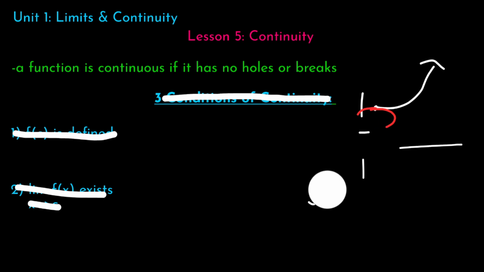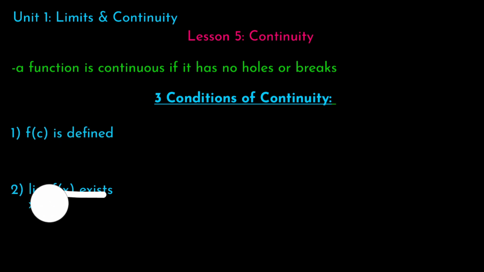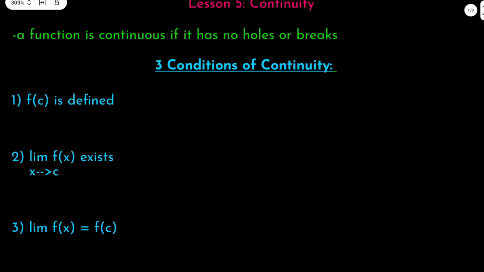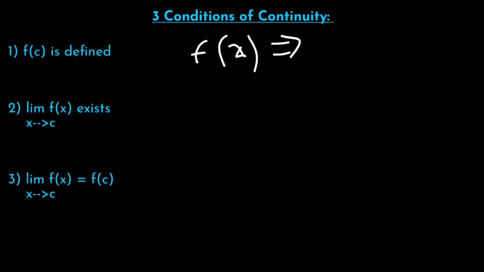So that's the basic idea of continuity. Now let's go into the three exact conditions of continuity that you're going to need to know for your AP Calculus exam. Our first condition states that f of c is defined, which means if you have a function f of x and you plug in a constant c, we have to get a y value always.